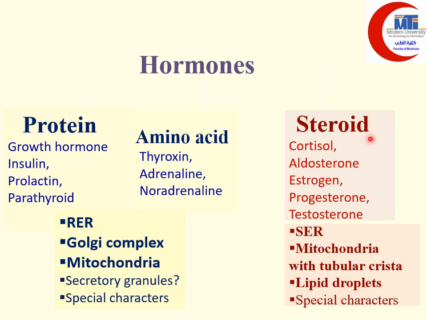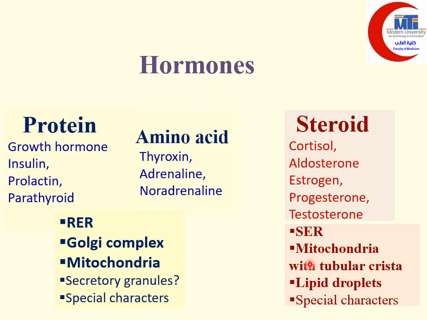As the precursor of steroid hormone is cholesterol, these cells must contain a well-developed smooth endoplasmic reticulum, which synthesizes lipids, and mitochondria with tubular cristae. Tubular cristae increase the surface area for the function of the mitochondria.